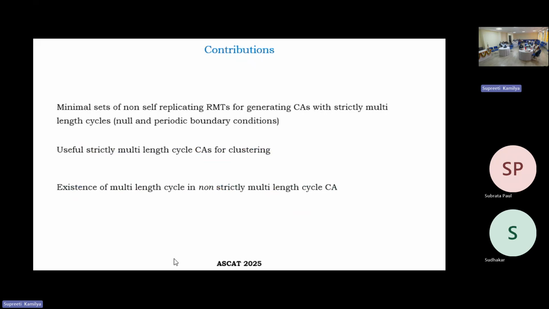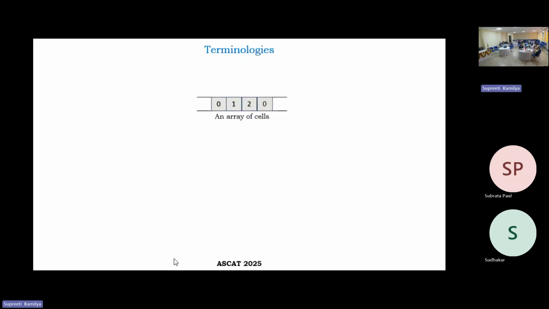Here we represent the minimal sets of non-self-replicating RMTs for generating strictly multi-length cycles. Second, which are the useful CA rules for clustering. And third, even when we consider non-strictly multi-length cycles, what is the minimum set of non-self-replicating RMTs.